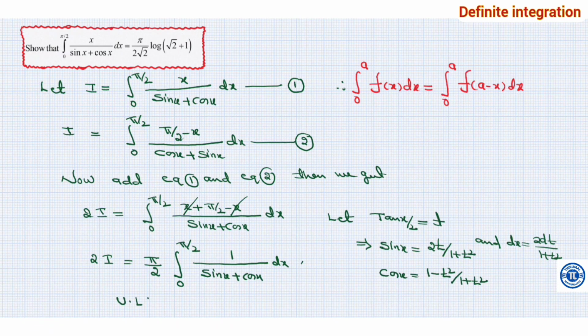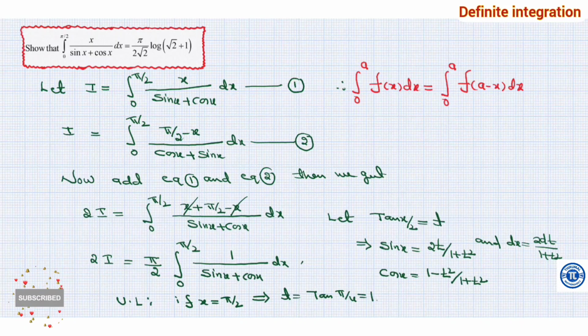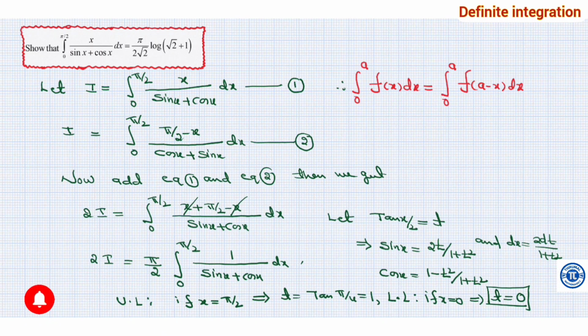Upper limit: if x equals pi by 2, then t equals tan of pi by 4, which is 1. Lower limit: if x equals 0, then t equals tan 0, which is 0. So t equal to 1 is the upper limit.